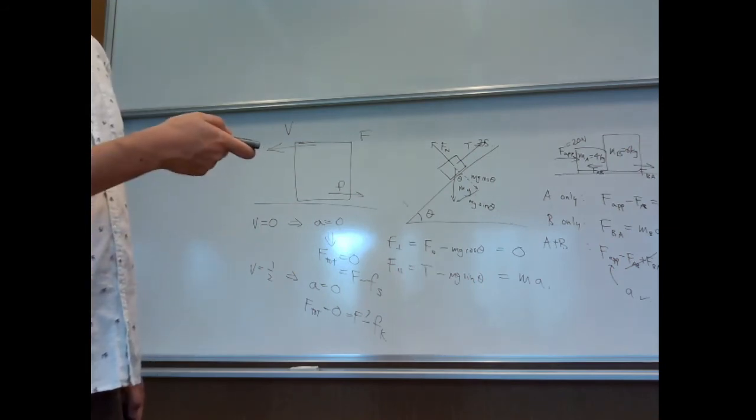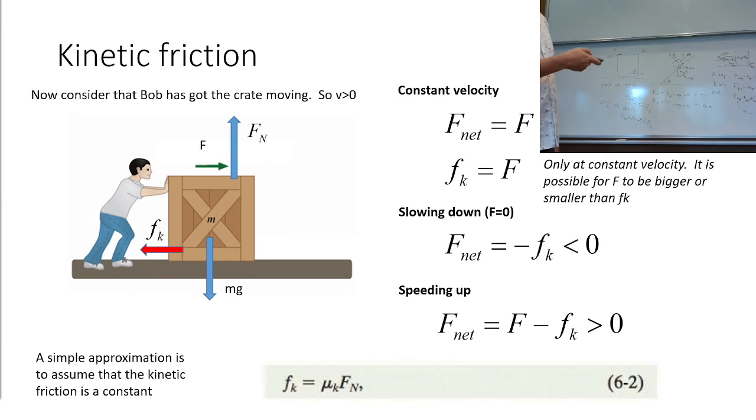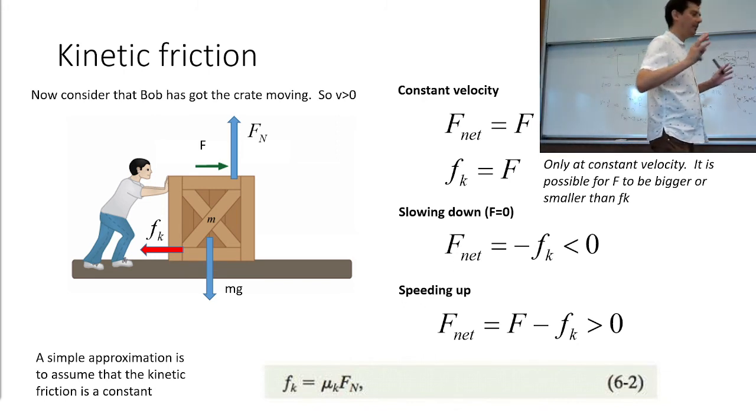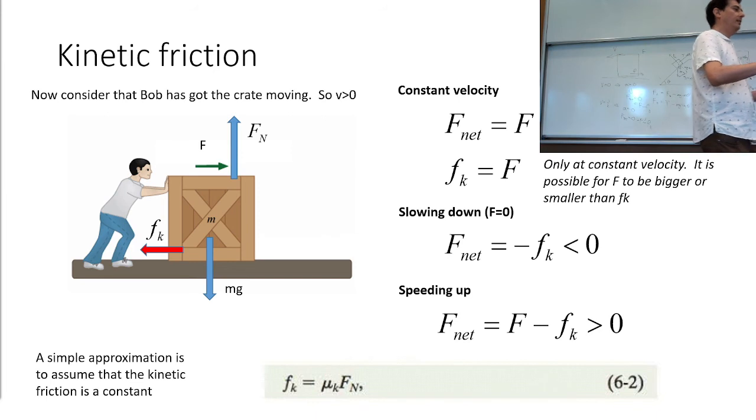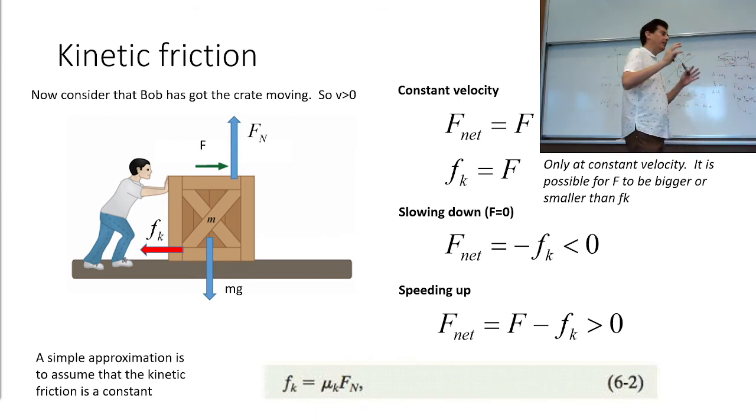So in that case, the object will slow down, or if Bob is actually, say Bob is a little bit of a nutcase, he's going to push it and then keep on pushing it until it just keeps on accelerating and gets faster and faster.